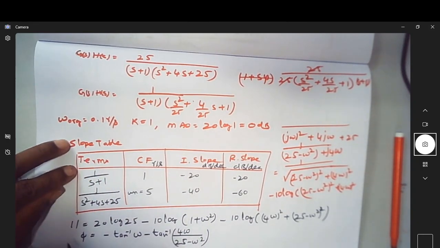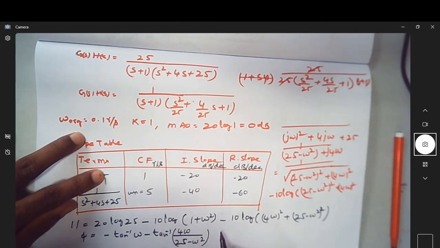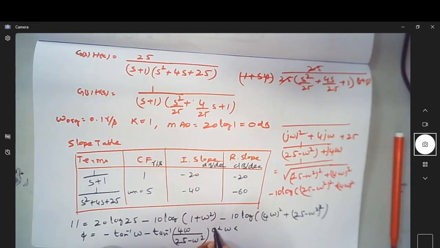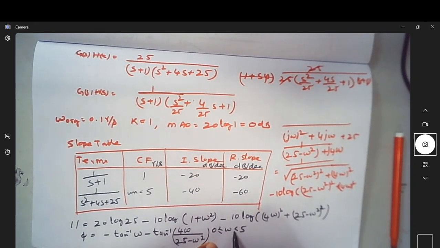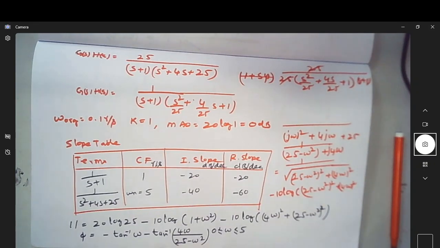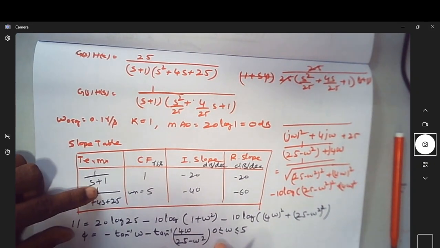This is my phase equation for values between 0 and 5.